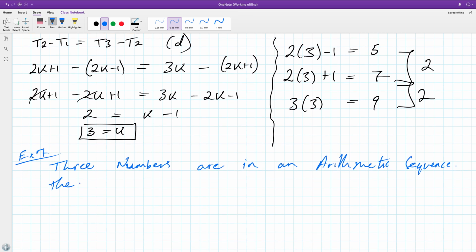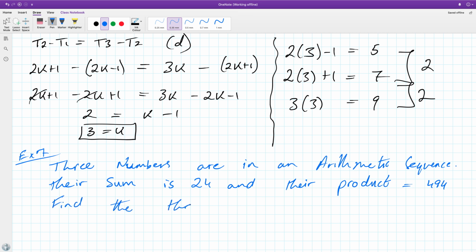Their sum is 24 and their product is equal to 494. Find the three numbers. So, three numbers in an arithmetic sequence, their sum is 24 and their product is 494. Find the three numbers. Any idea how I'm going to find the three numbers?